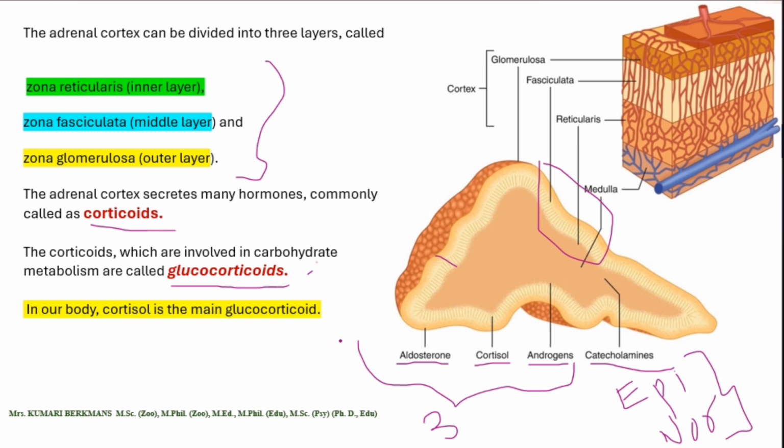And cortisol is the main glucocorticoid. Okay, cortisol. The main function of these corticoids is glucocorticoid, in the sense that they are involved in glucose or carbohydrate metabolism.